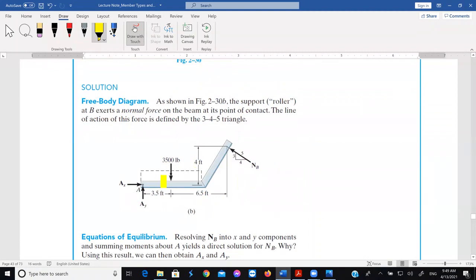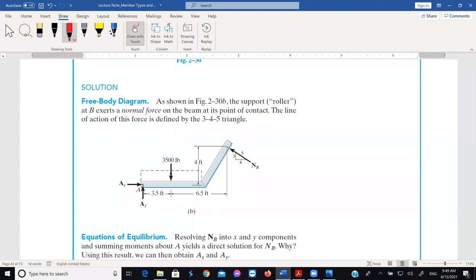So if you don't want to consider the little impact of the moment that's going to be created due to eccentricity in beam members especially, you can just neglect that and use a line diagram to represent the problem.